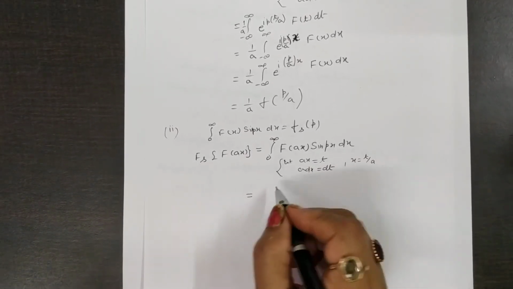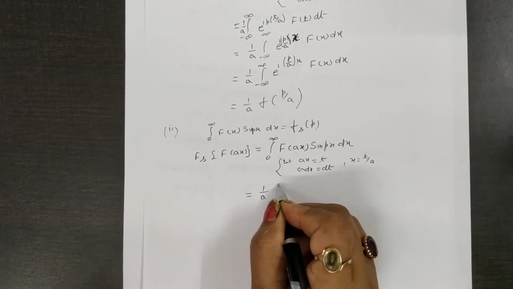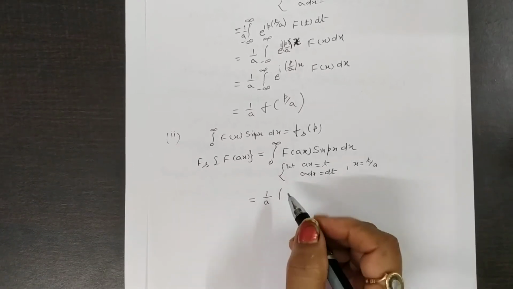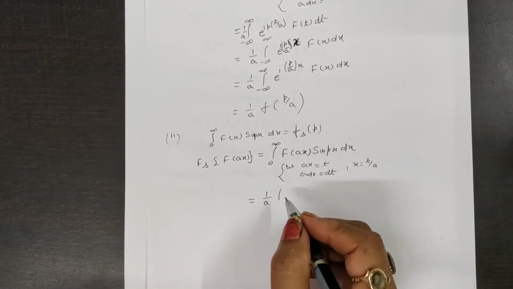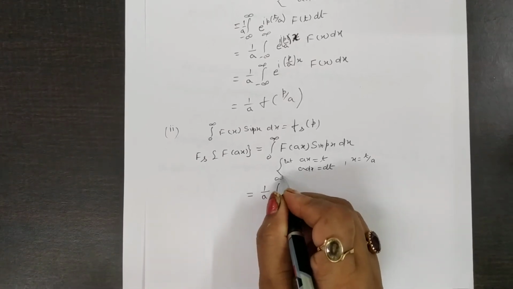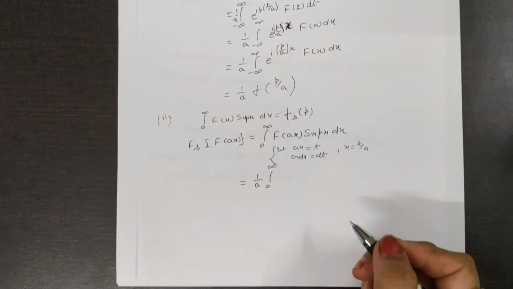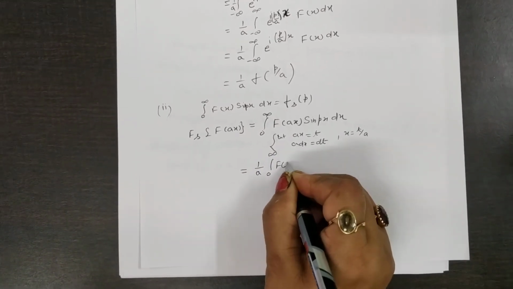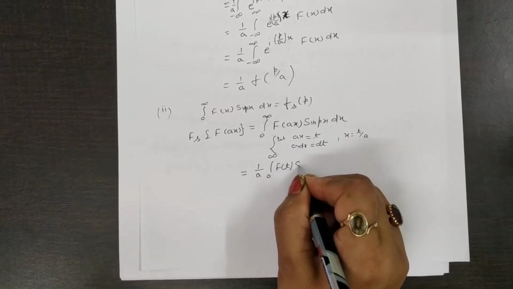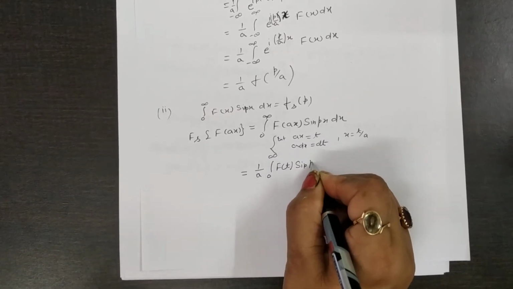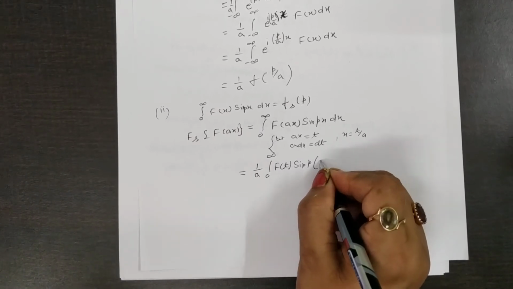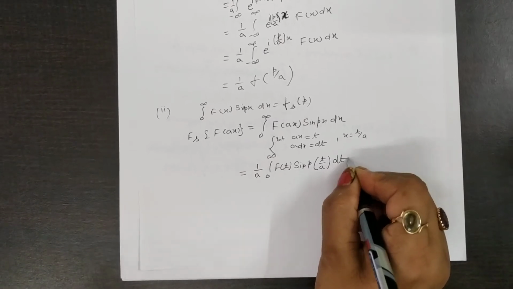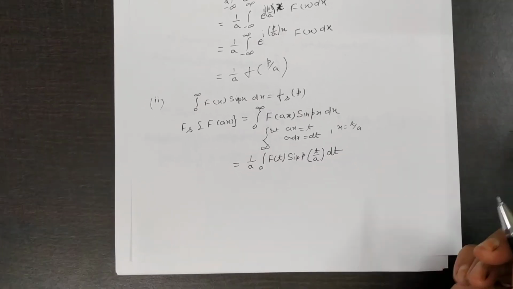If you substitute this, the integral limits remain the same, because if you take 0 then it is again 0, and if you take infinity then it is again infinity. So we get 1 by a times the integral from 0 to infinity of f(t) sin of p t by a dt.